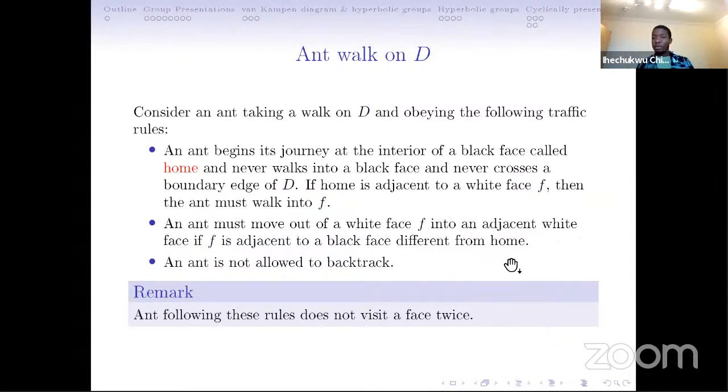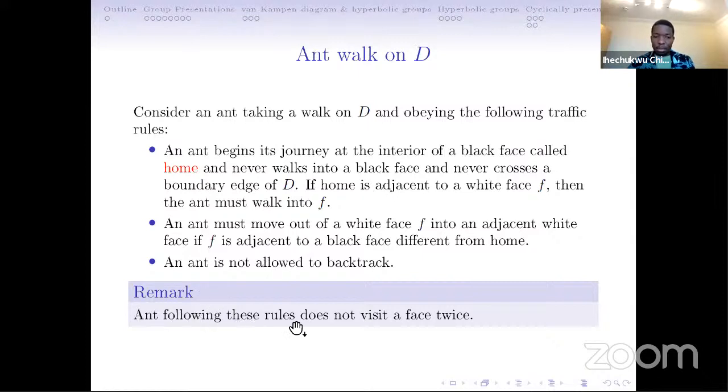So it comes out of home and enters a white face, and then it looks, is there another black face which is adjacent to this white face? If yes, it goes into the next white face. If there is no black face, then it doesn't move, it just stops there. So it has to move into an adjacent white face only when there's an adjacent black face different from home, okay? And an ant is not allowed to backtrack. So these are the rules.